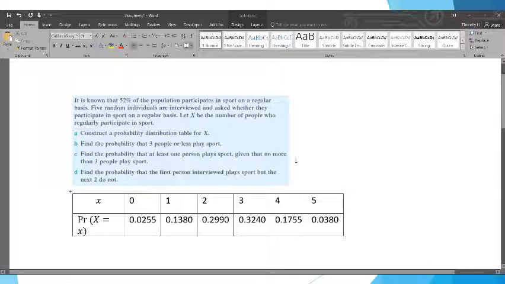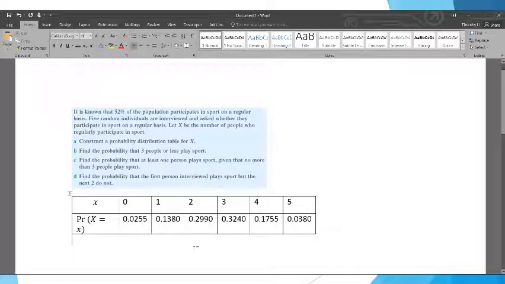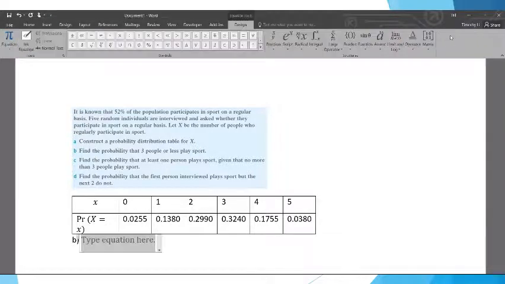Okay, so I'm going to change this over here a little. B, find the probability that three people or less play sport. So if you want the probability of 3 or less, that means we need to add the probability of 3 to 2, 1 and 0, because they're 3 or less people.